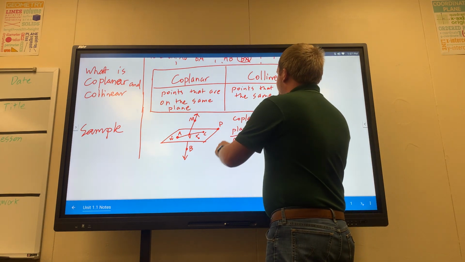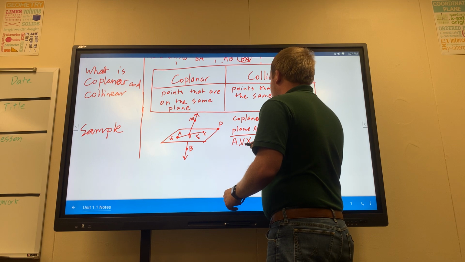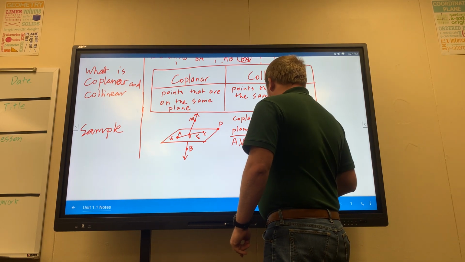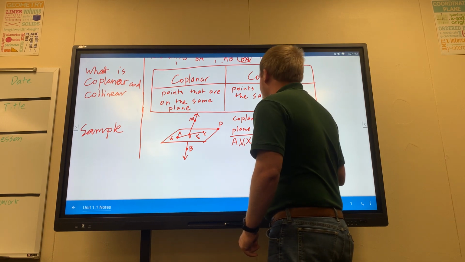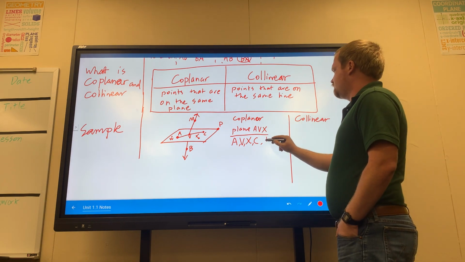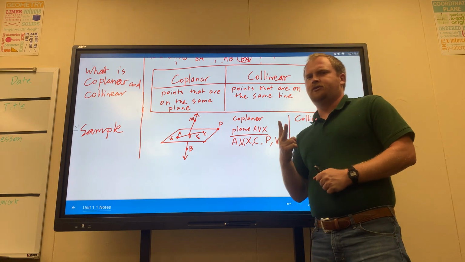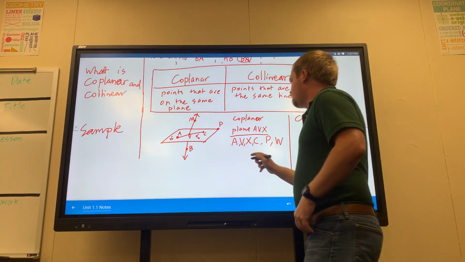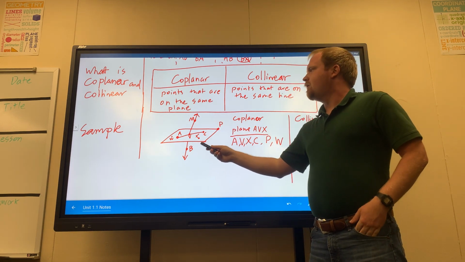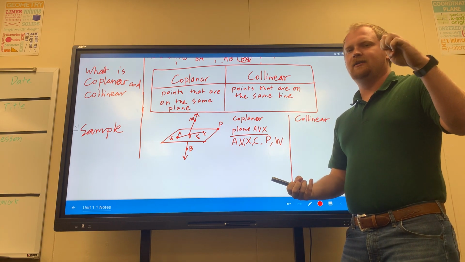But notice how I also have C. Let me put commas in between. We also have P and W. Now, the 2 points that are not coplanar are M and B, because they're both distinctly outside of the plane, okay?